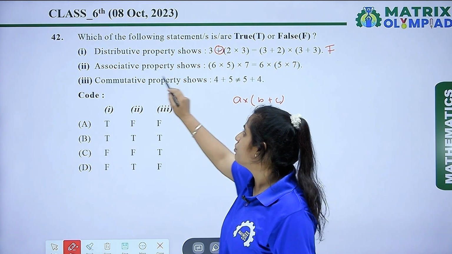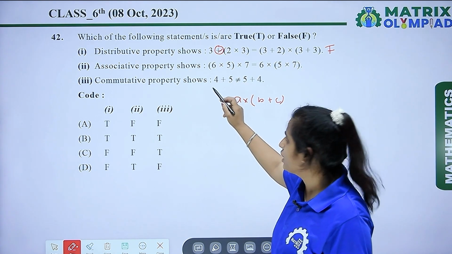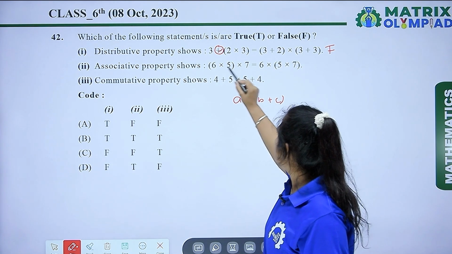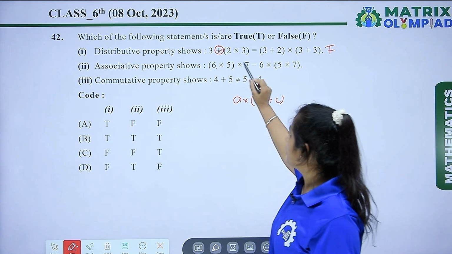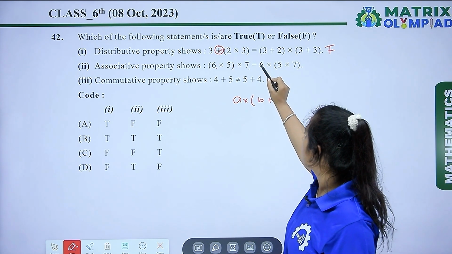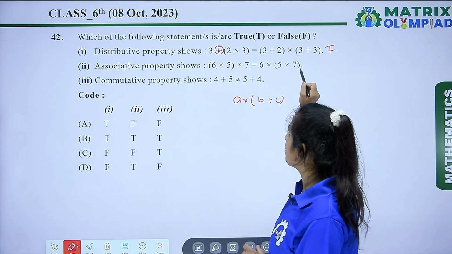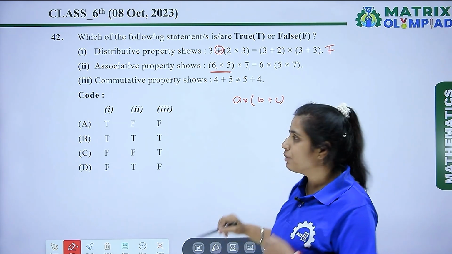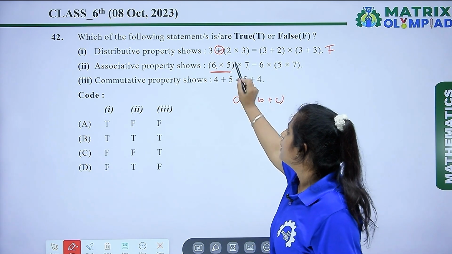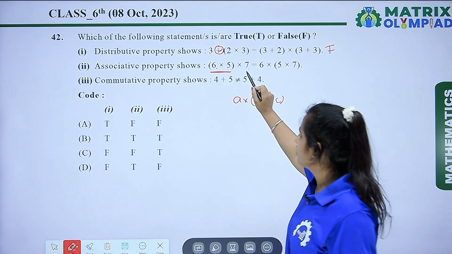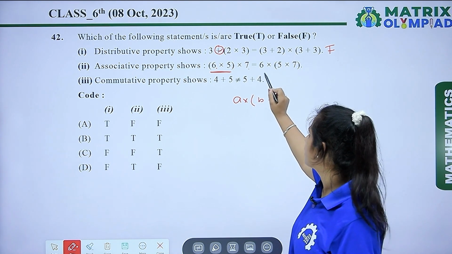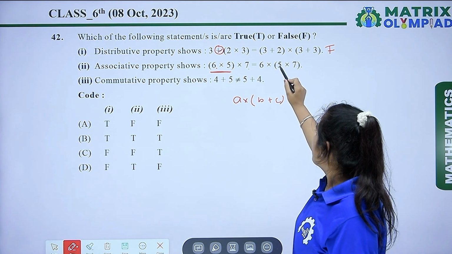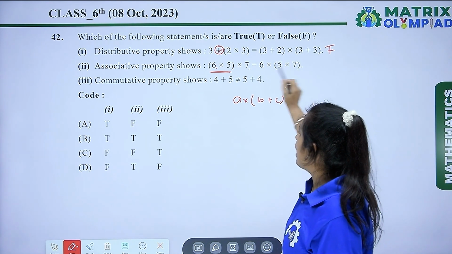नेक्स्ट इज एसोसिएटिव प्रॉपर्टी शोज. एसोसिएटिव प्रॉपर्टी क्या होती है? a मल्टीप्लाई बाय b मल्टीप्लाई बाय c. राइट, तो ये जो आपकी प्रॉपर्टी a मल्टीप्लाई बाय b मल्टीप्लाई बाय c इज इक्वल टू a मल्टीप्लाई बाय b मल्टीप्लाई बाय c. हम यहाँ पे सबसे पहले फर्स्ट में a मल्टीप्लाई बाय b हो रहा है एंड देन जो रिजल्ट आ रहा है वो मल्टीप्लाई बाय 7, यानी थर्ड नंबर से मल्टीप्लाई हो रहा है. दैट इज इक्वल टू 6 मल्टीप्लाई बाय 5 मल्टीप्लाई बाय 7. यहाँ पर क्या हो जाएगा?